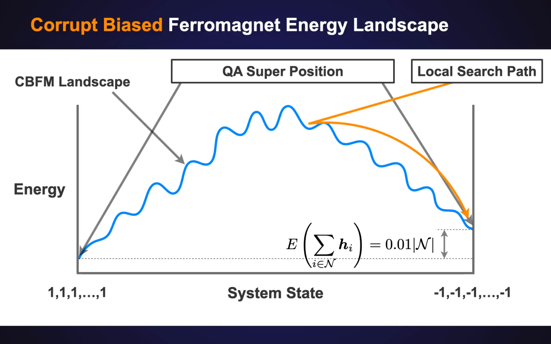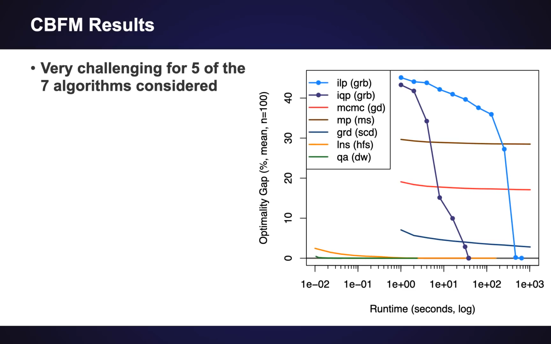Whereas with quantum annealing, you would hope that superposition and other properties of the quantum system will allow you to avoid these issues and really see the two extreme wells and get the good one with a high probability.